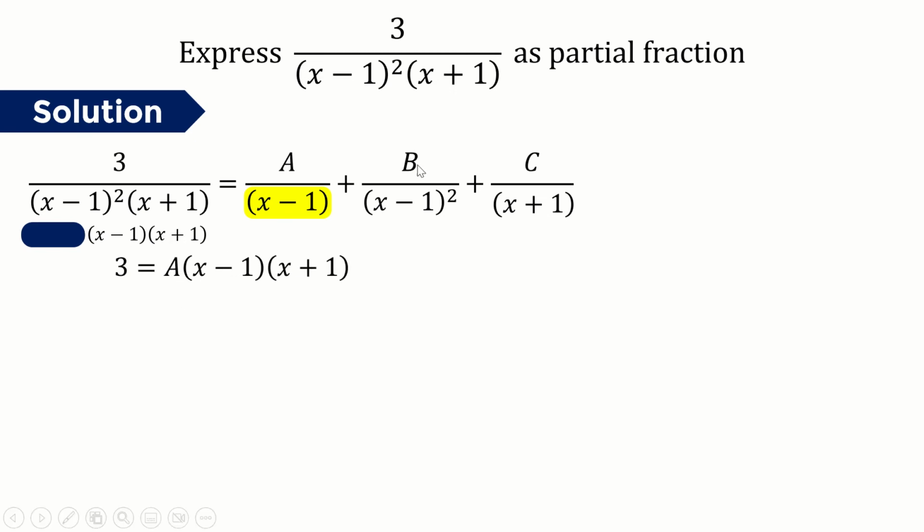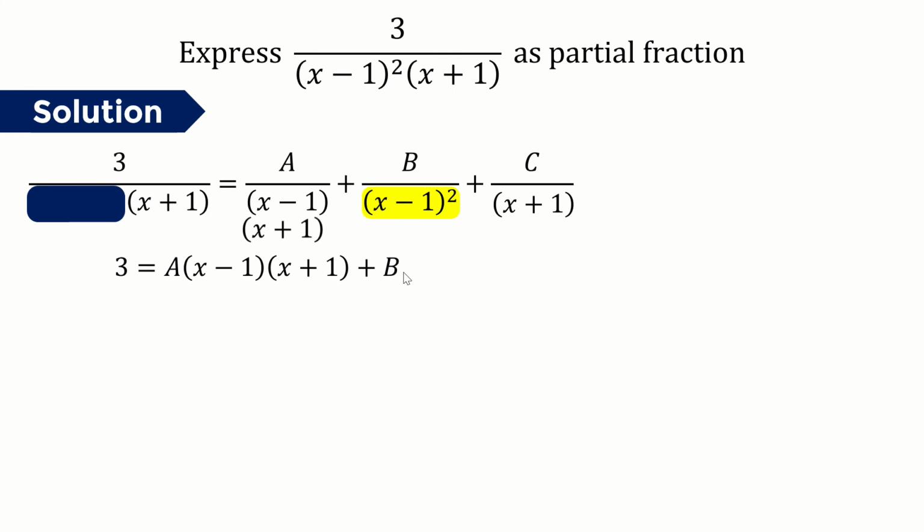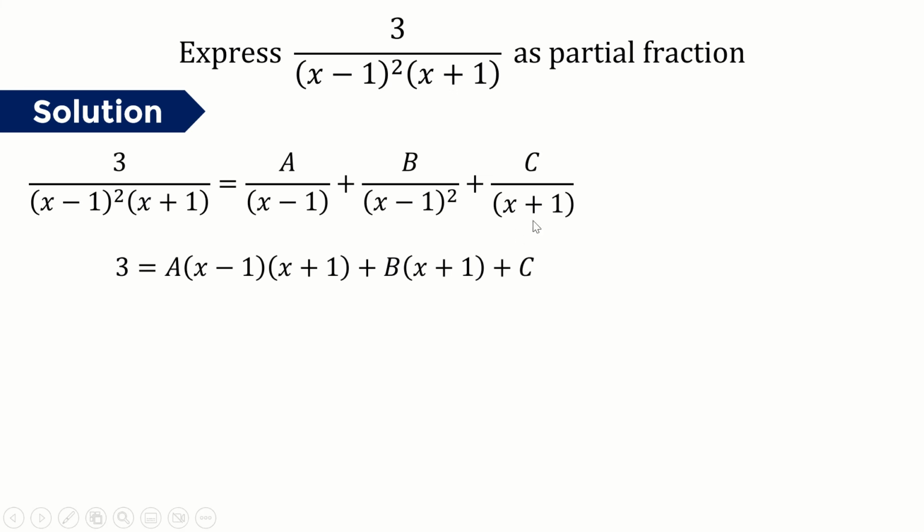Alright, so that's for A, and then B also needs to be multiplied by something. The denominator for B is (x minus 1) squared, so we can cover the (x minus 1) squared here, and then we take (x plus 1), which is multiplied by B. And then C also needs to be multiplied by something.